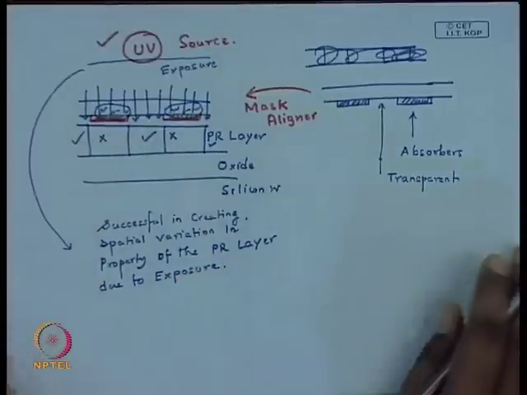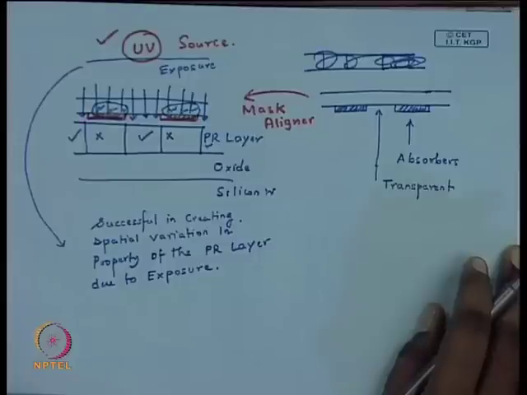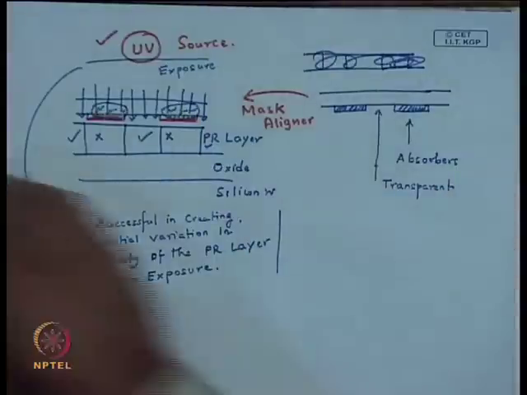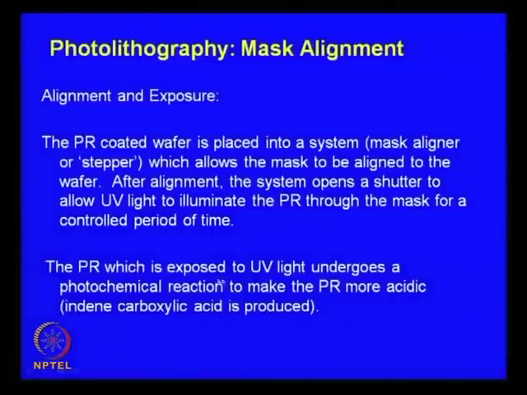Now, what type of variation have you caused? Whether the exposed areas have become preferentially weaker or preferentially stronger depends, of course, on the choice of the photoresist tone you are using. Okay. Here the photoresist which is exposed to UV light undergoes a photochemical reaction.